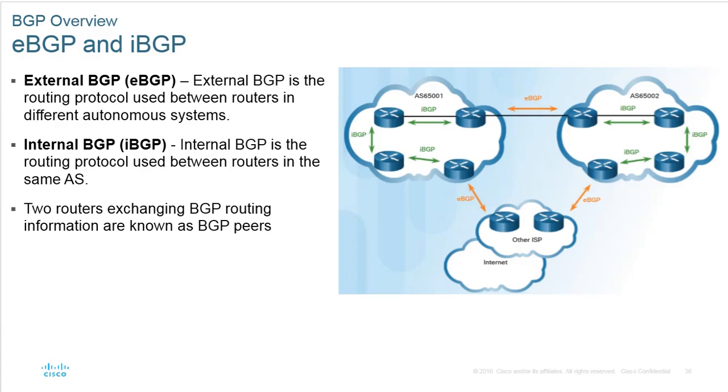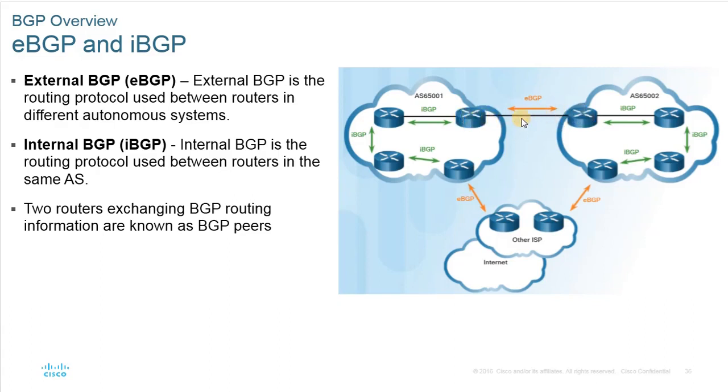External BGP or eBGP is the routing protocol used between routers in different autonomous systems. So that is the routing protocol used by most ISPs. Okay, so we call it border gateway protocol or external border gateway protocol, also known as eBGP.